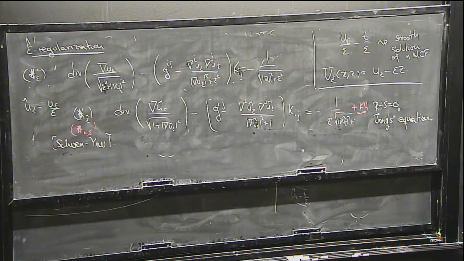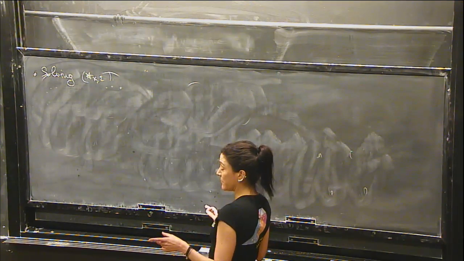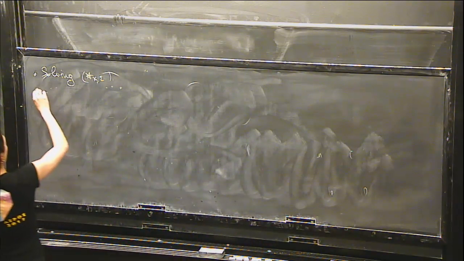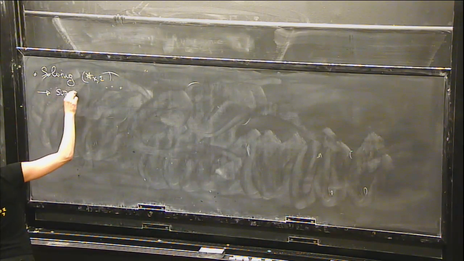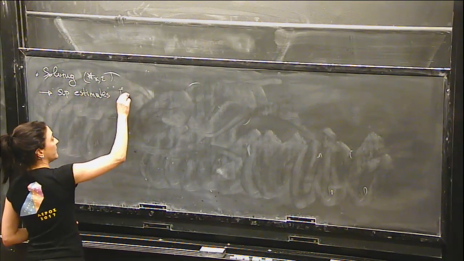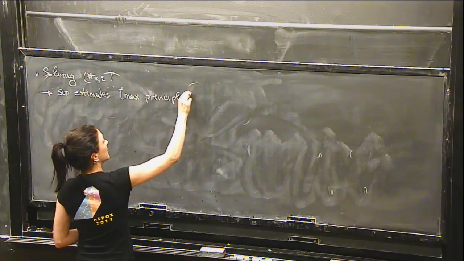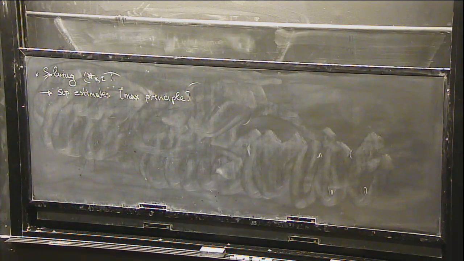So, let's first solve the equation with the kappa. As I said, if you look at this equation, without the kappa there is no maximum principle, but with the kappa, you have sup estimates, that you can get by a standard maximum principle. I mean, you go to a maximum. This is a sign.